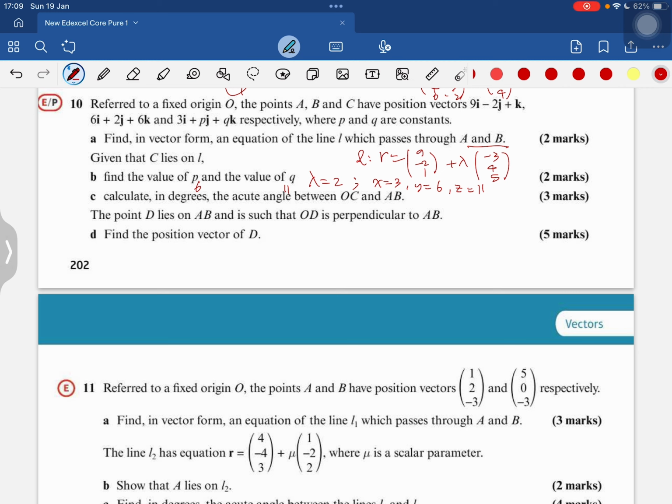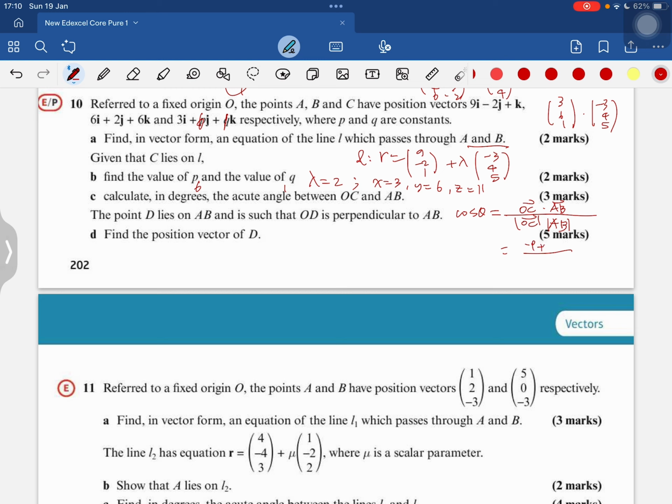Find, in degrees, the acute angle between OC and AB. So OC and AB, let's call it theta, cos theta is OC dot AB over OC magnitude times AB magnitude. Now OC we know is 3, 6, 11, and AB we know is negative 3, 4, 5. So 3, 6, 11 dot negative 3, 4, 5.